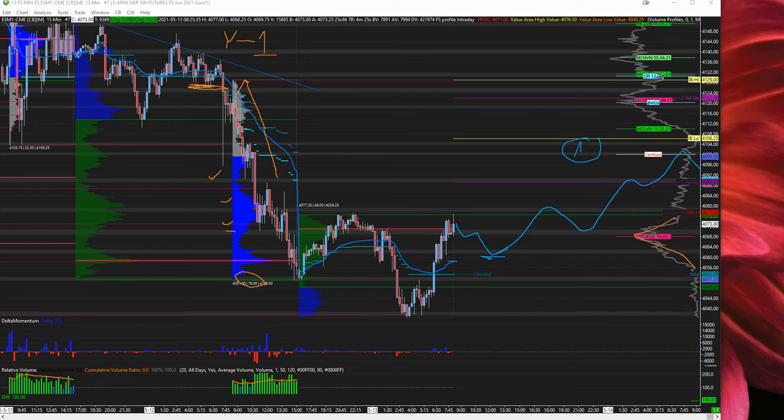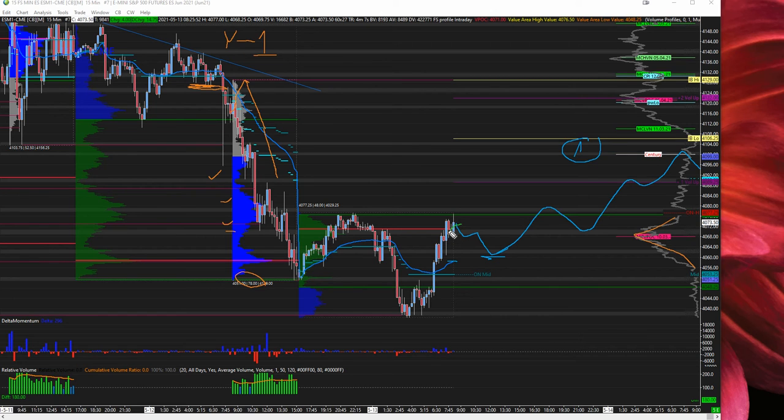Scenario 2 in green is we had a downward distribution in the overnight. We've formed the lower distribution, then we've tested back the most traded price of the upper distribution.